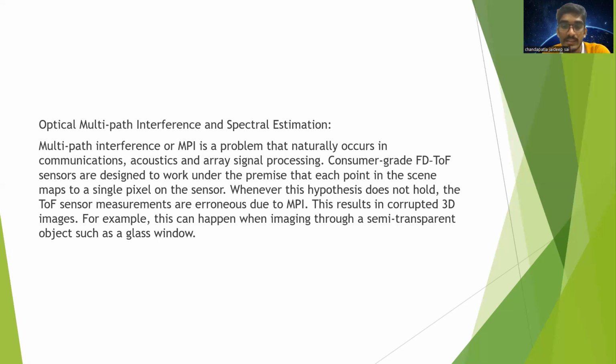Whenever this hypothesis does not hold, the TOF sensor measurements are erroneous due to MPI. This results in corrupted 3D images. For example, this can happen when imaging through a semi-transparent object such as a glass window.